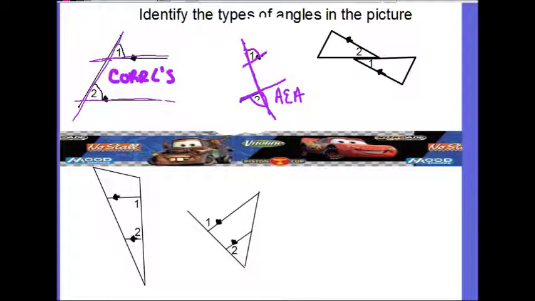Okay, here we go. Let's look at our next one. Let's trace all the way through those lines with those arrows. All the way through. Let's trace over that transversal, the line that's passing through both of those, helping to form our angles. And we're talking about this angle here matched with this angle here. Ignoring everything else.